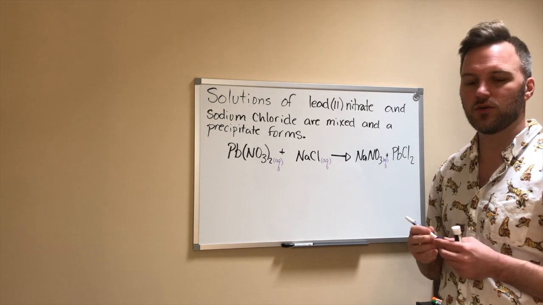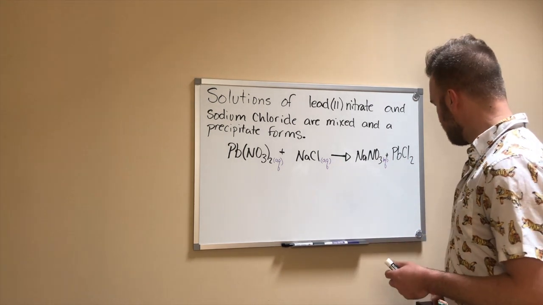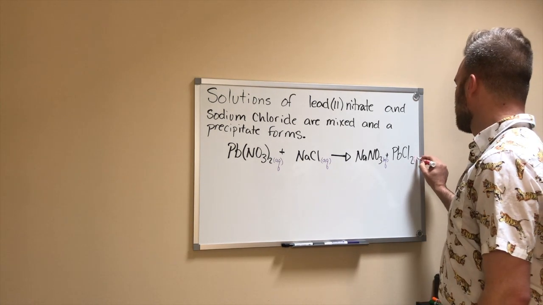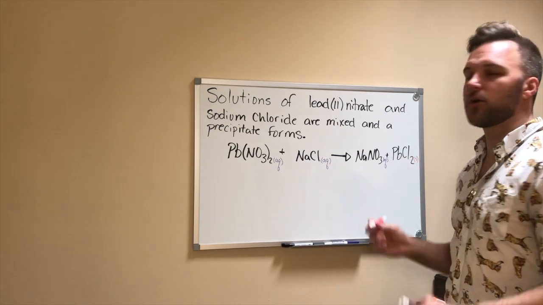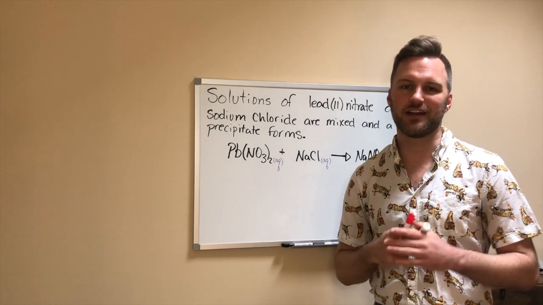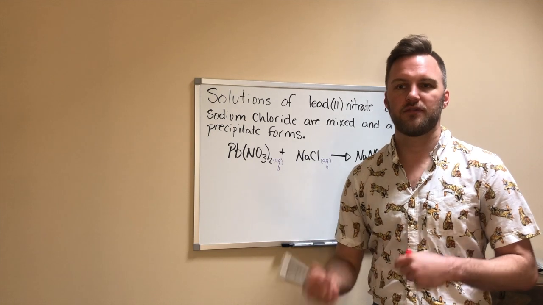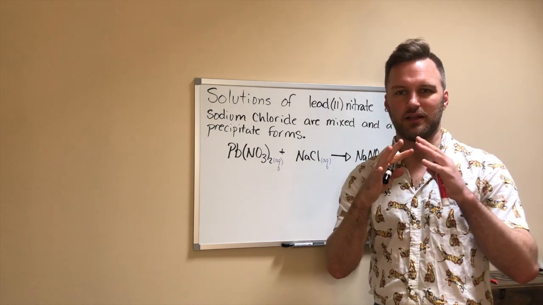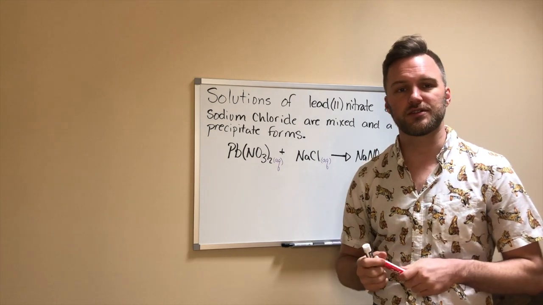We use that aq again. And the solid product that forms is the lead chloride. So this is what's driving our reaction forward. And you have actually seen this very reaction in lab. We did it in one of our first physical and chemical changes labs. It's the one that made that weird white solid when you mixed the two clear solutions together.